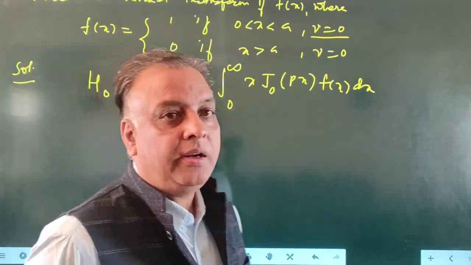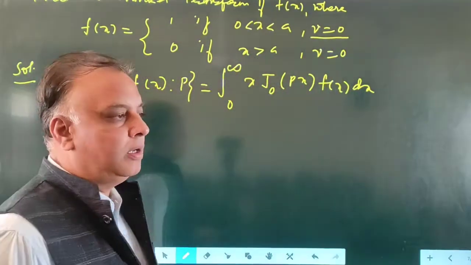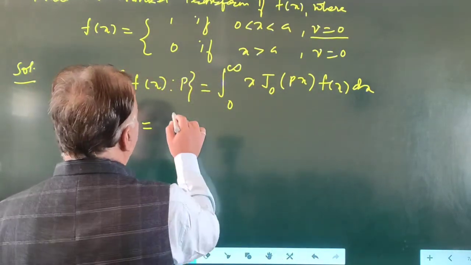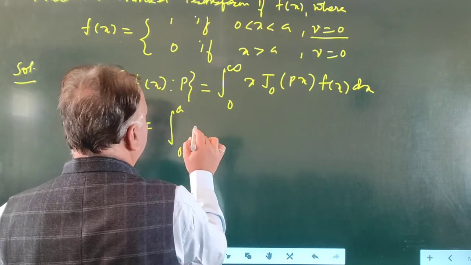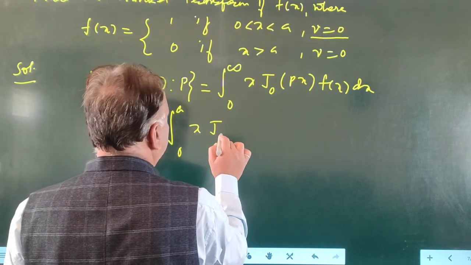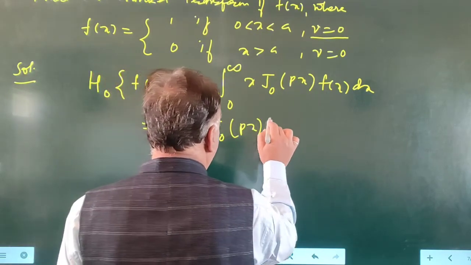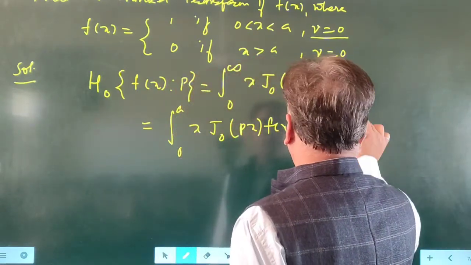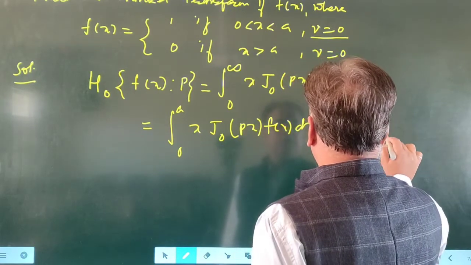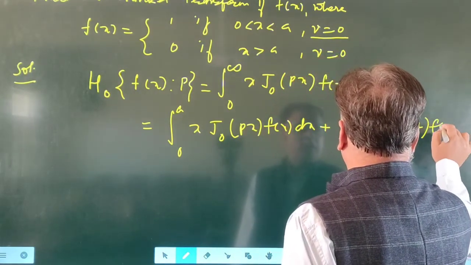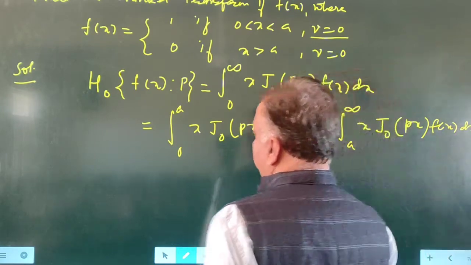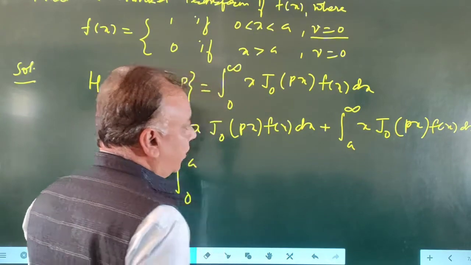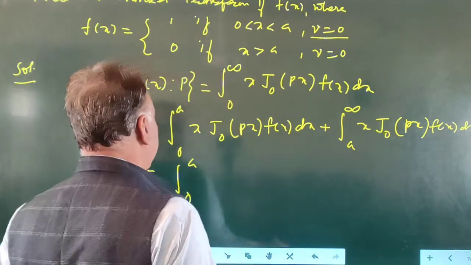By the definition, the Hankel transform of the function is given by this. As the function is defined in different intervals, we break the limits of the integration into those intervals in which the function is given. So this is the integral from 0 to a of x J_0(px) f(x) dx, plus the integral from a to infinity of x J_0(px) f(x) dx. The function is defined as 1 in the interval 0 to a and 0 in the interval a to infinity.